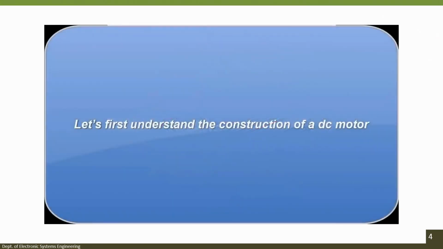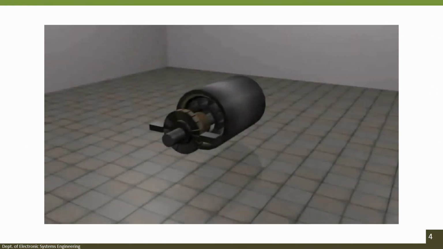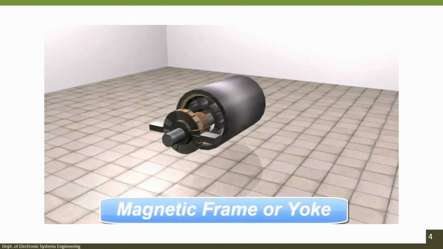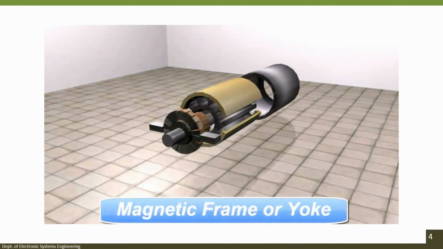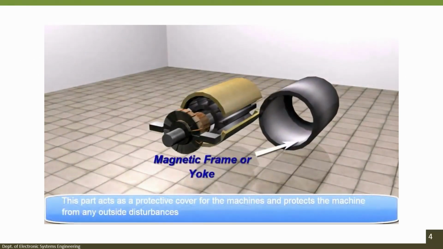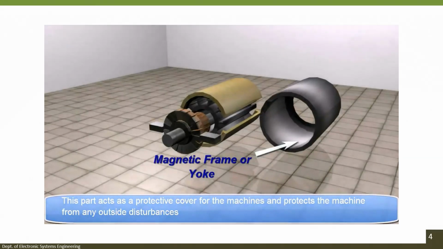Let's first understand the construction of a DC motor. Magnetic frame or yoke. This part acts as a protective cover for the machine and protects it from any outside disturbances.